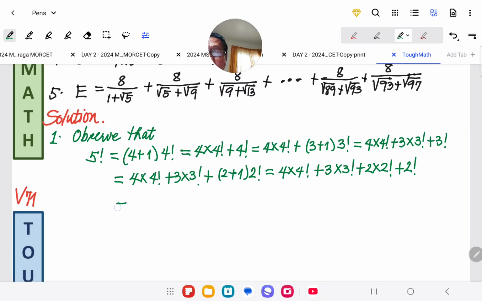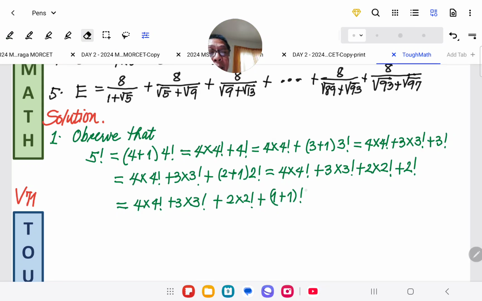And again, just repeating the process: 4 times 4 factorial plus 3 times 3 factorial plus 2 times 2 factorial plus 1 plus 1 times 1 factorial.